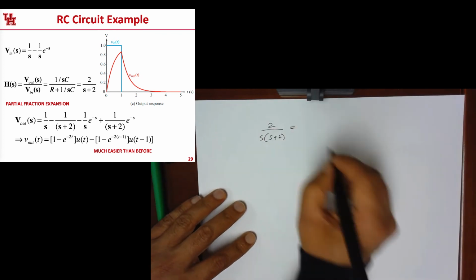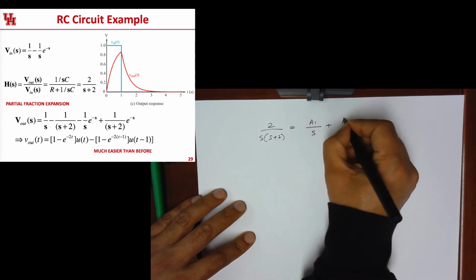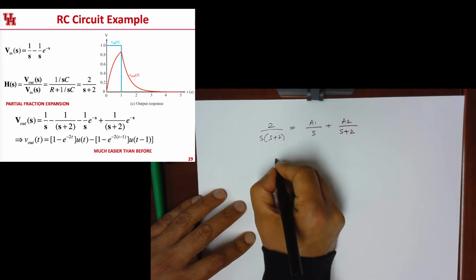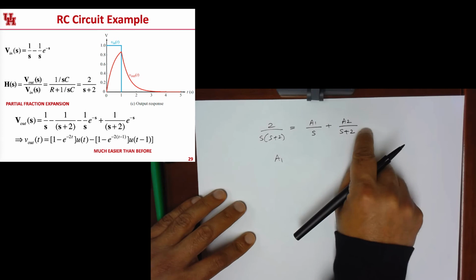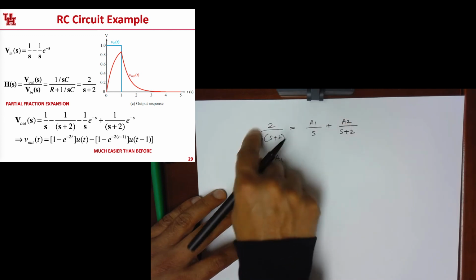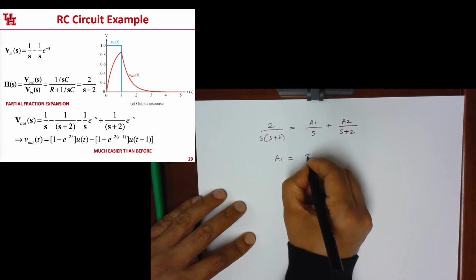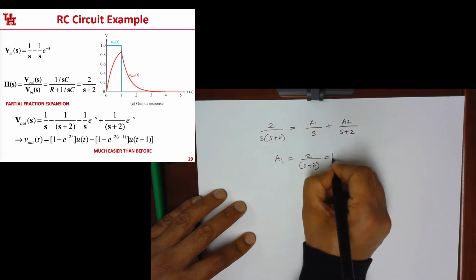So this is going to be given by some number A1 times 1 over S plus some number A2 times 1 over (S plus 2), right? Now in order to calculate A1, I'm going to multiply throughout by S and set S equal to 0, and then this term will basically go away. So I get 2 divided by, S is gone, 0 plus 2, so this is going to be 1.